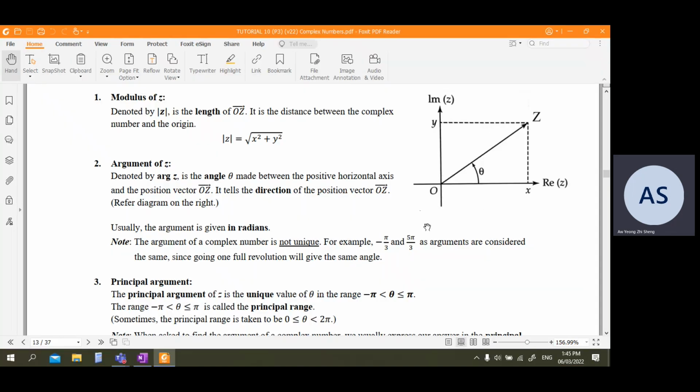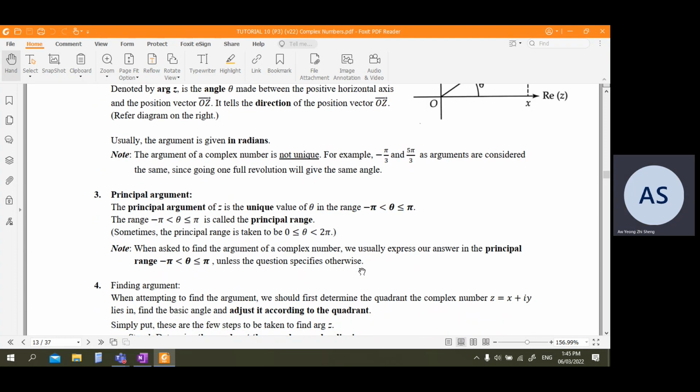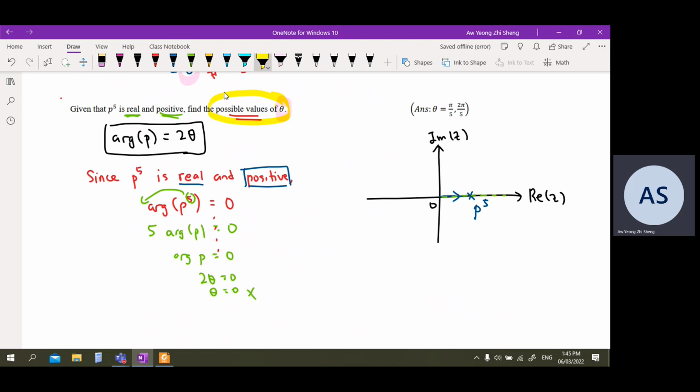As long as the angle points to the same direction, there are infinitely many correct arguments. It is just that usually when we are asked to find an argument, by default we give the answer in the principal range. But an answer outside the principal range is actually not wrong. It's technically still correct.